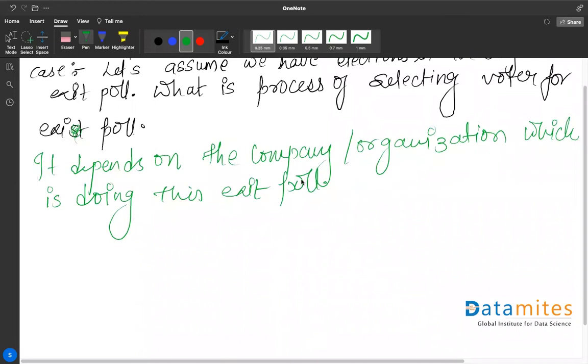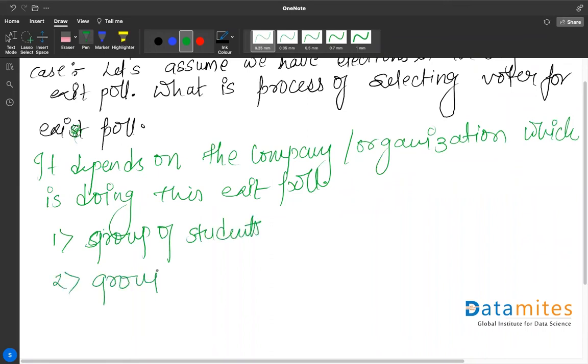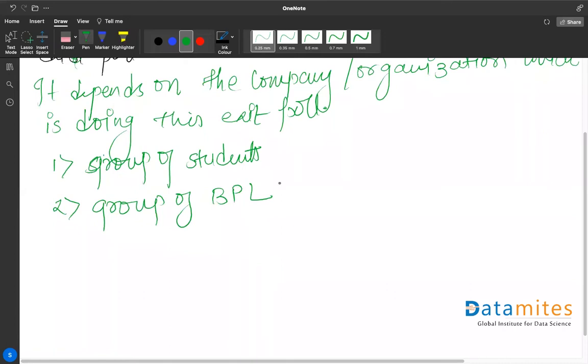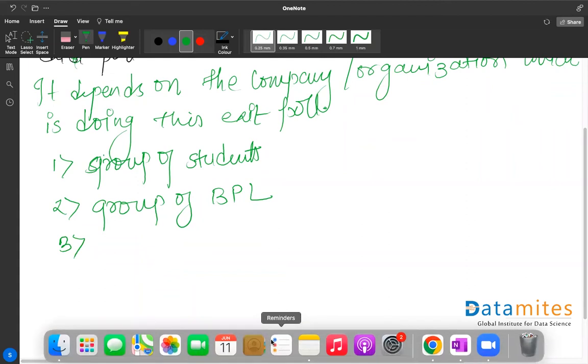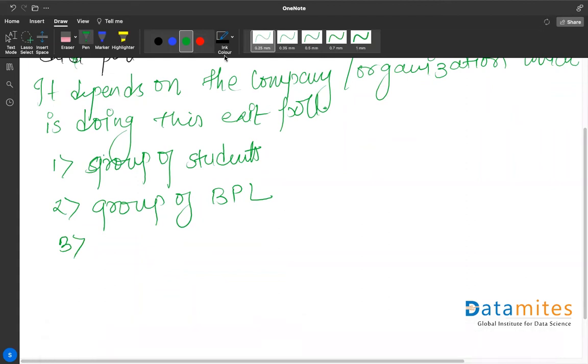Now can you define criteria? Criteria can be a group of students. A group of BPL, those people who belong to below poverty line. Third can be regional wise.